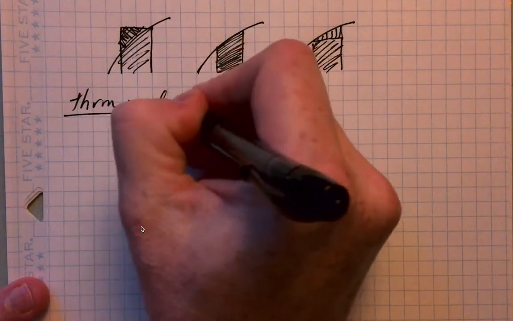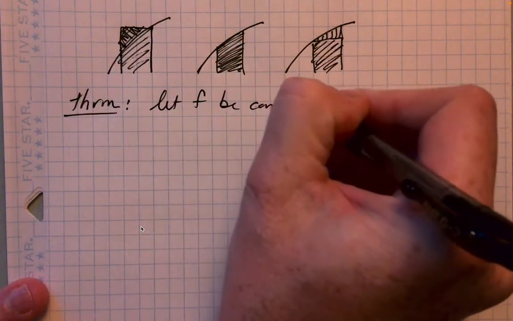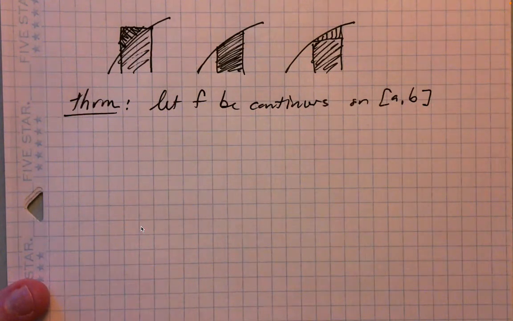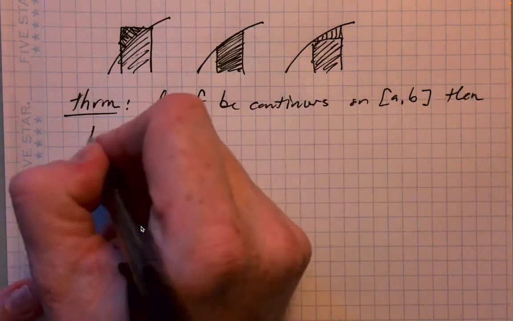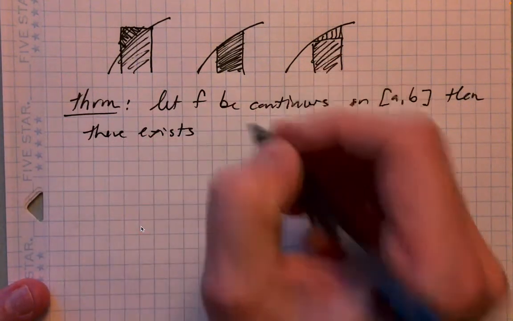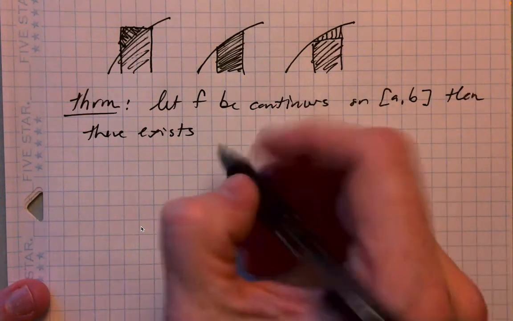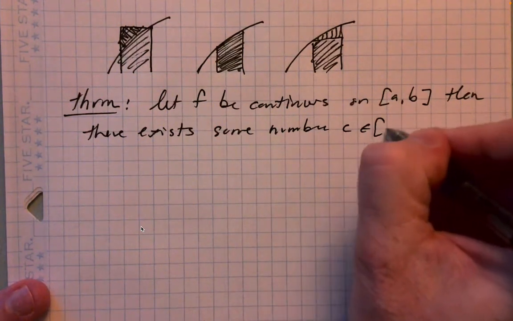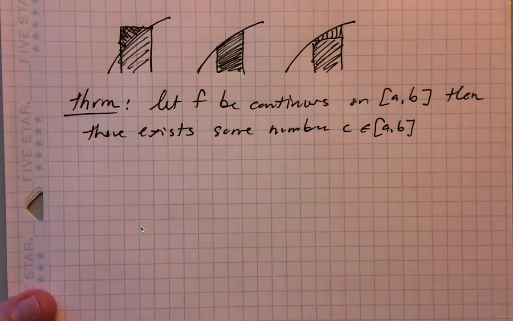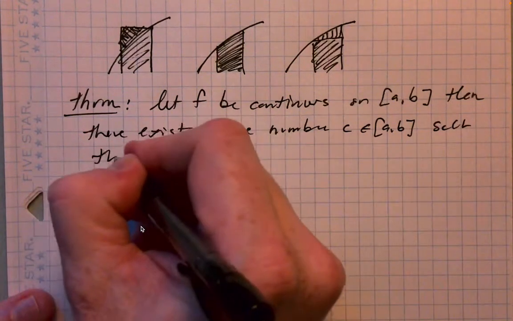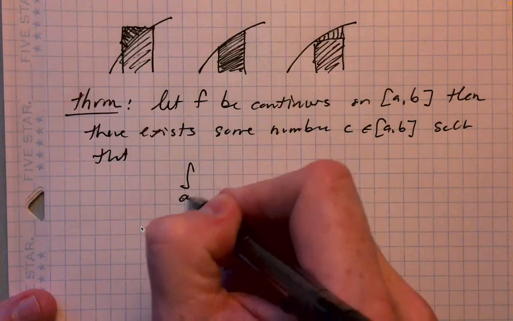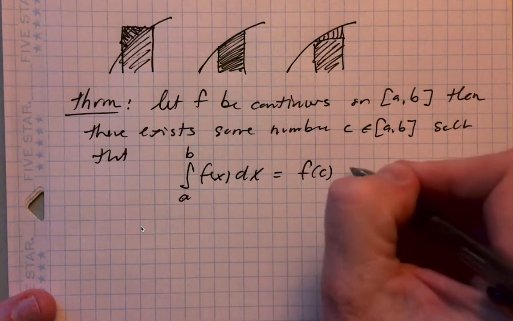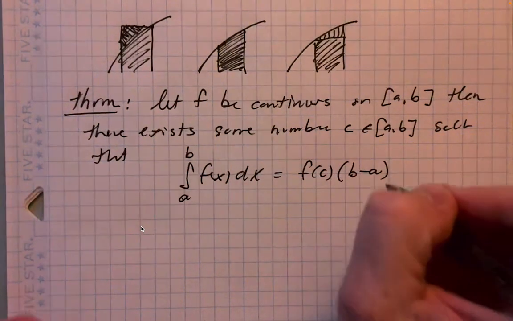Let f be continuous on [a, b]. Okay. Then there exists some number c in (a, b), okay, such that the integral from a up to b of f of x dx is equal to f of c times (b minus a).